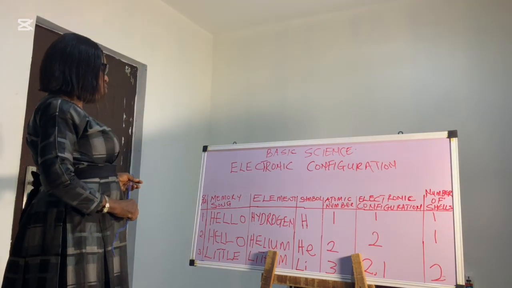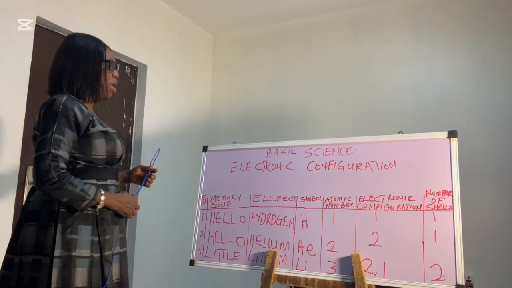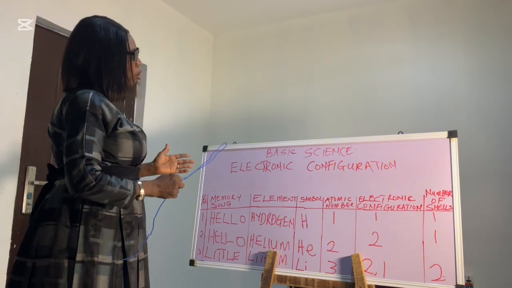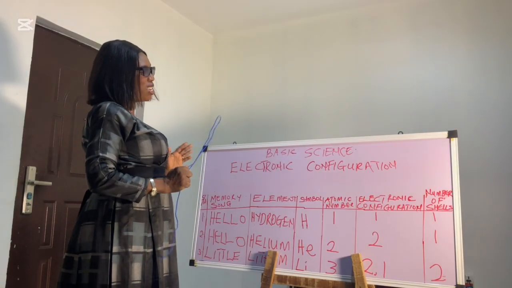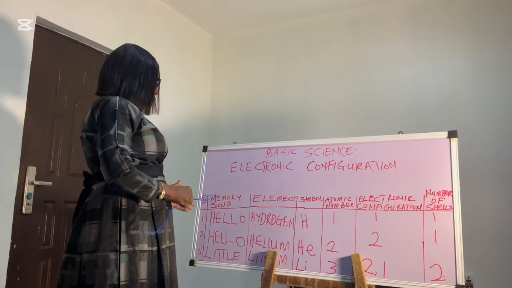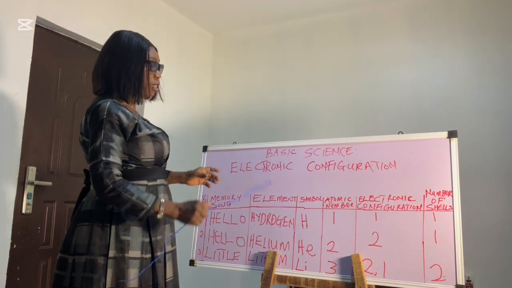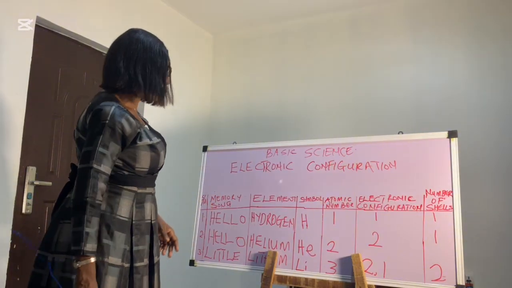In the previous class, I summarized, but I just thought of it that let me bring out this electronic configuration and align it with the memory song that I taught us, and make it bolder so that you can see what we are talking about.